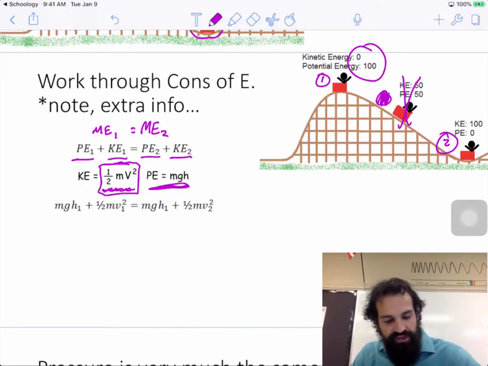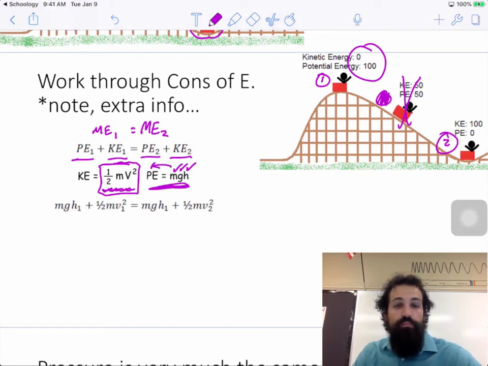Potential energy is calculated relatively similarly. It is mass times gravity times height. More mass, more gravity, and more height all mean more gravitational potential energy.